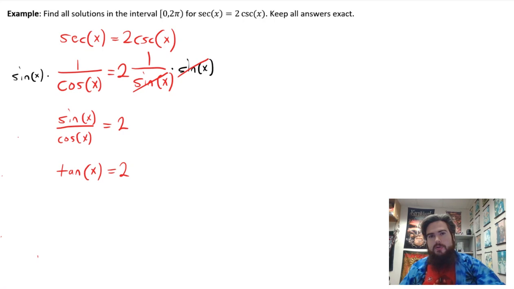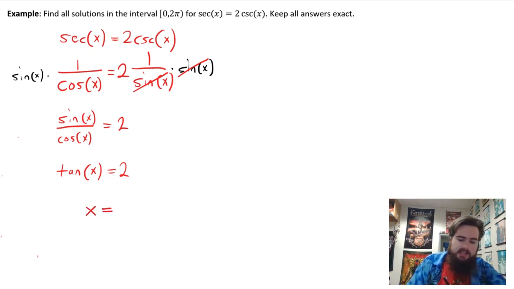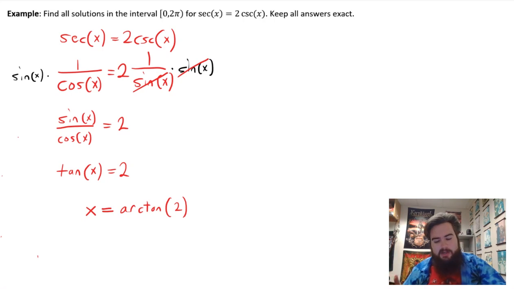I should be able to use inverse trigonometric functions in order to get x by itself. If I use arctangent in order to get tangent by itself, I will get, in this case, x equals arctangent of 2, which I'm just going to keep as it is because I do not know the ratio of 2 for tangent.